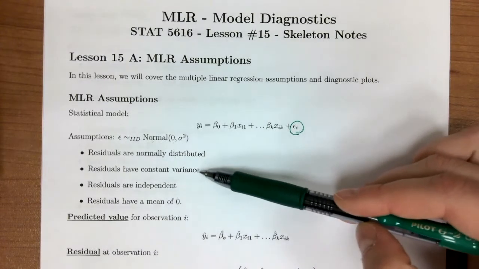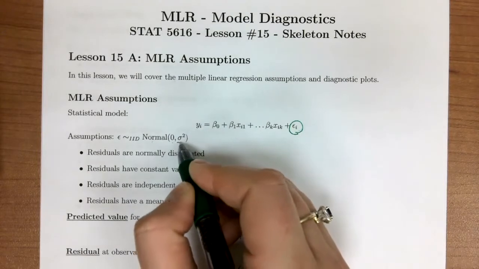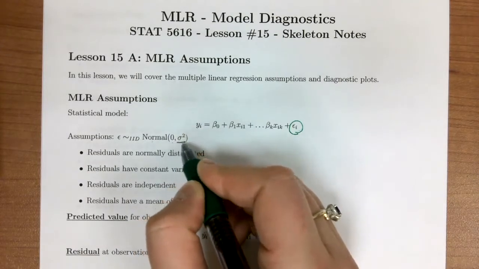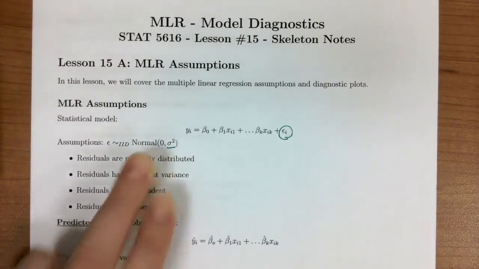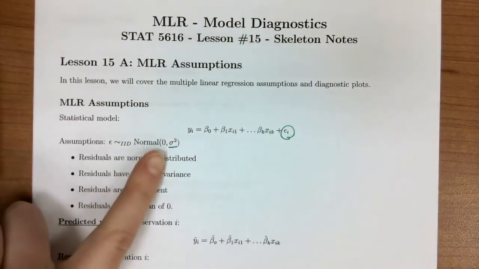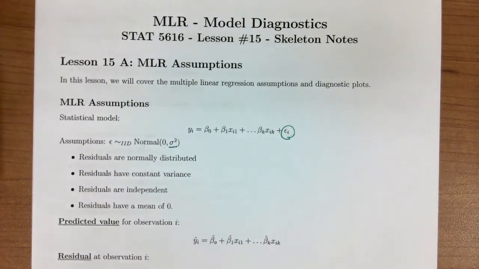Our residuals have constant variance. This constant variance comes from the fact that this sigma squared is the same for all of our epsilon, and there isn't an i. There are cases in models where this sigma squared does have an i and it can vary for different observations. We're not covering that case.